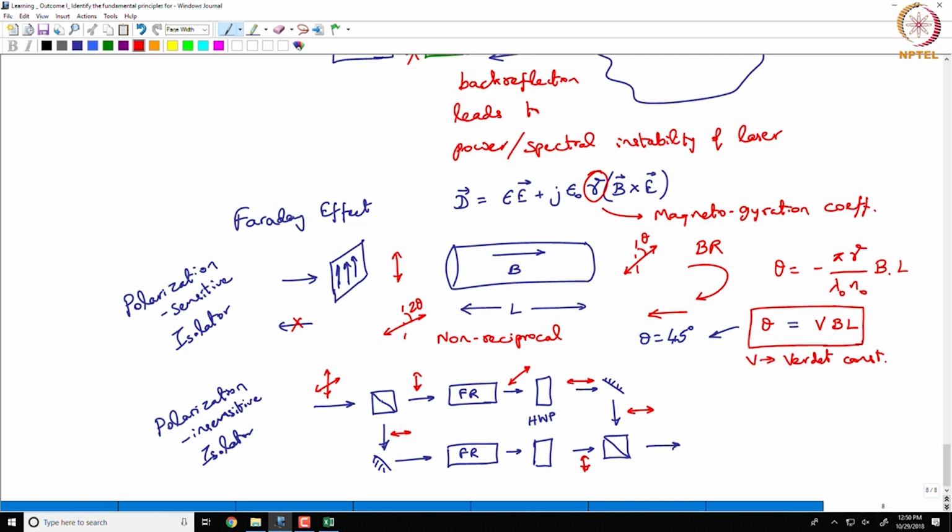At 90 degrees this polarization beam splitter will reflect, because the beam splitter is such that it is reflecting horizontal polarization. So, when coming back it would have been 90 degrees and that would have been reflected over there. Okay. So, it is not going back to the source.